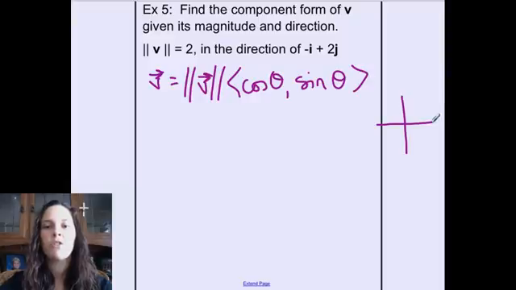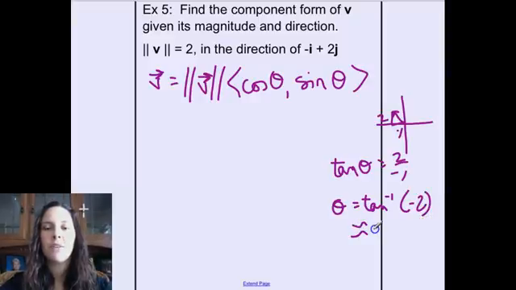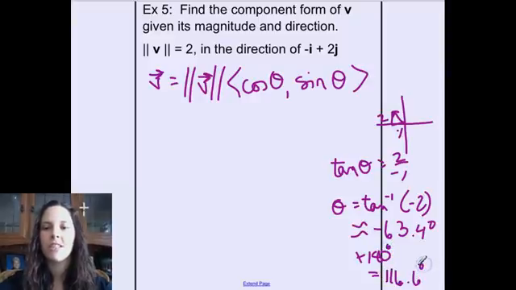Our direction is ⟨-1, 2⟩. Taking tangent equals opposite over adjacent, we're taking the tangent inverse of -2 to get our direction angle. Once again, we're given a negative angle, -63.4 degrees. So adding 180 to it to get our positive direction angle gives us a total of 116.6 degrees.